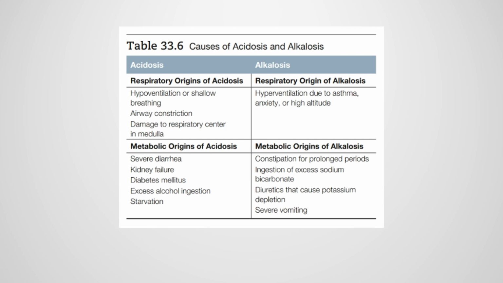Your CO2 is going to become elevated because you can't breathe it off, you can't ventilate it off. And as that gets elevated, the equation is going to go over to H+ and HCO3-. So you're going to produce more H+. You're going to become acidotic.